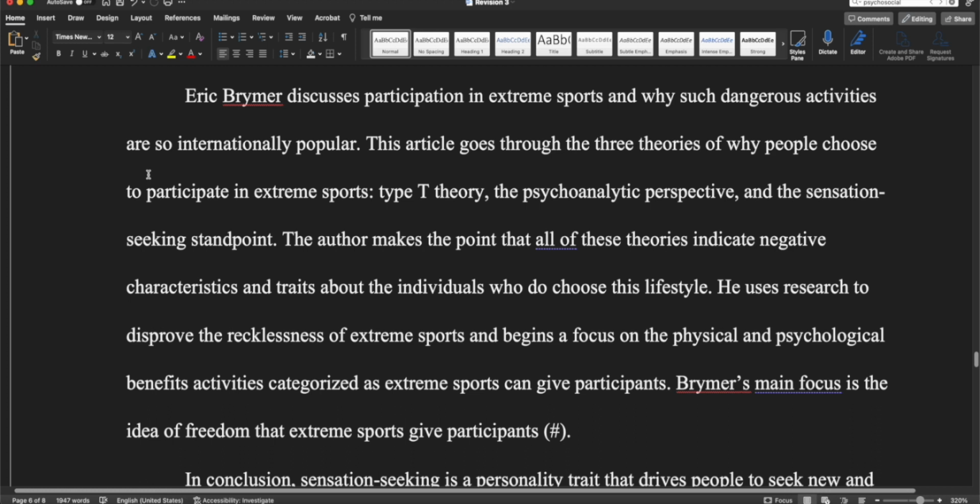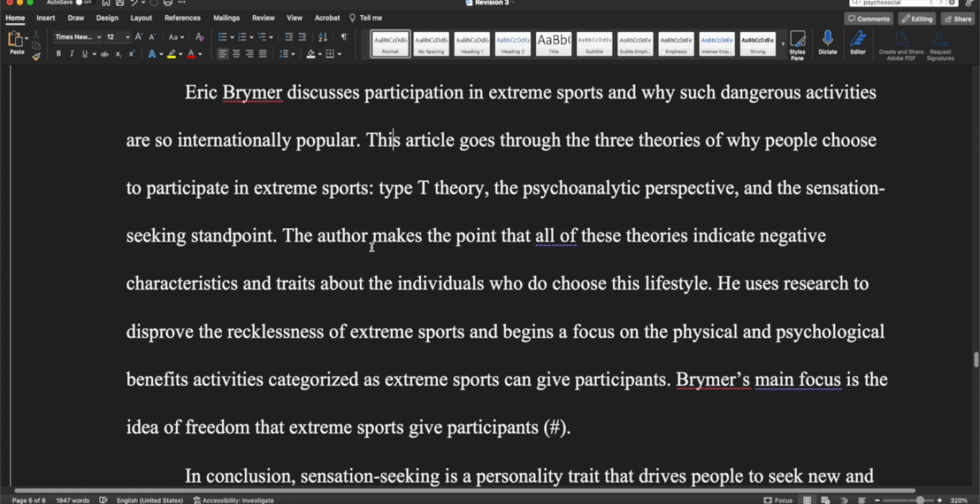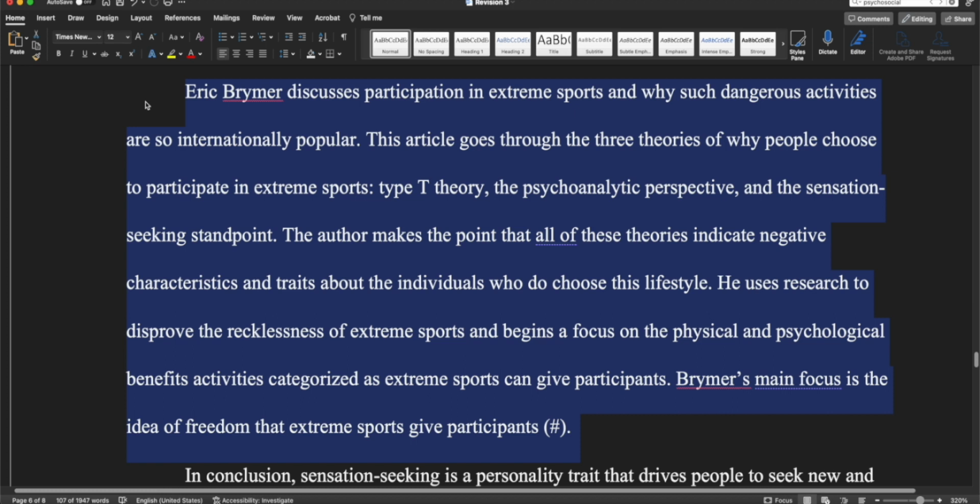Extreme sports. Psychoanalytic, sensation seeking, and the type T theory we already talked about. The idea of freedom. I don't know that this one really, this does touch on all three, but it doesn't really add anything to the discussion, in my opinion, this section right here.